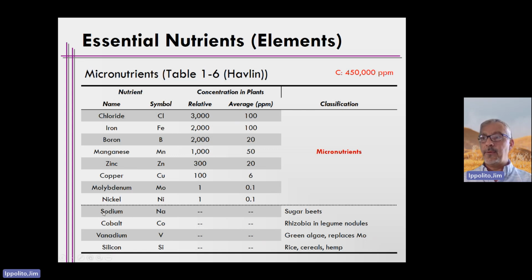For example, sodium is necessary for sugar beets. Cobalt is actually necessary for rhizobia in legume nodules. Vanadium can replace molybdenum in green algae. And silicon is necessary for rice, cereals, and hemp production.